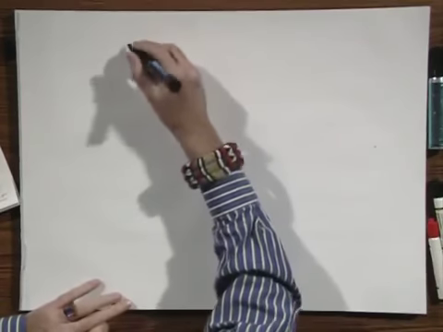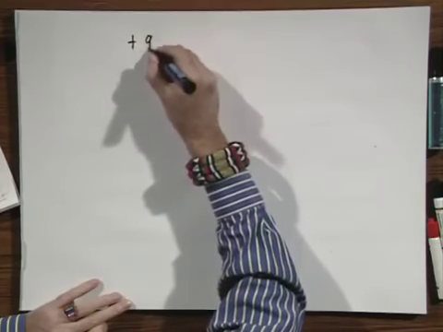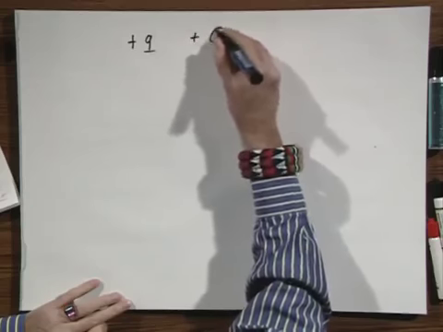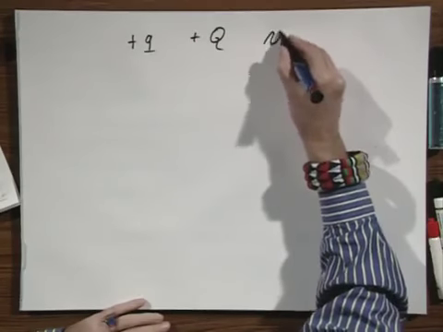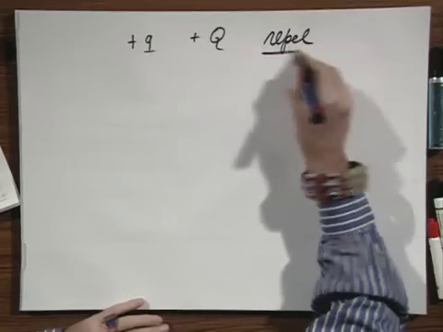Now we turn to electric potential energy. Now we have a charge plus q and plus capital Q. And unlike gravity, these repel. So already you feel in your stomach that everything is going to be very, very similar, except that minus signs may change to plus signs and plus signs may change to minus signs.